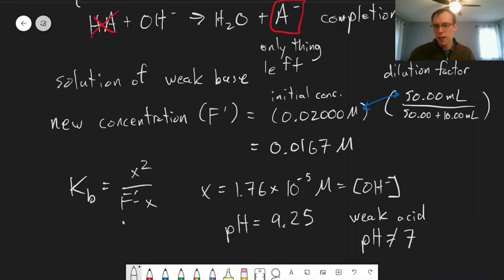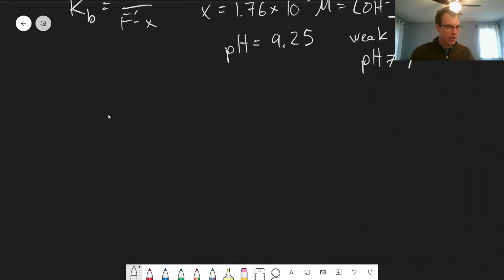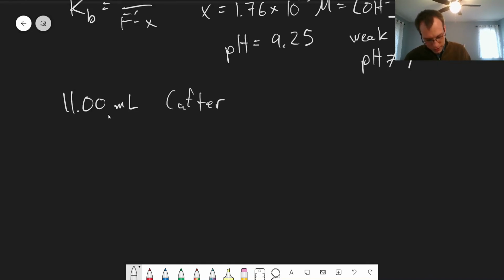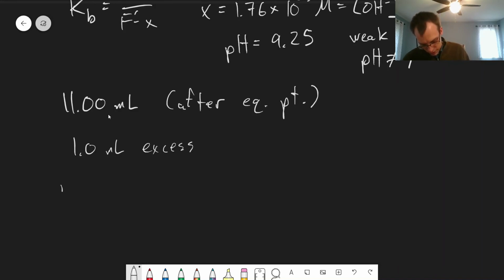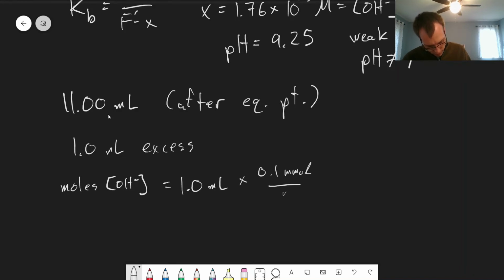After the equivalence point, things look the same as they did for the strong acid or strong base. So if we go to, say, 11 milliliters, so we're 1 milliliter past the equivalence point. Now the pH is going to be controlled by just the excess titrant that we've added. So we have 1 milliliter excess. So our moles of hydroxide will be that 1 milliliter times our 0.1 millimoles per milliliter.